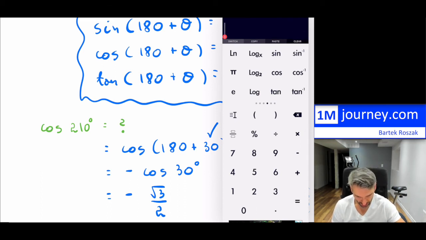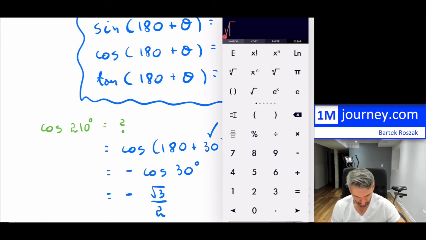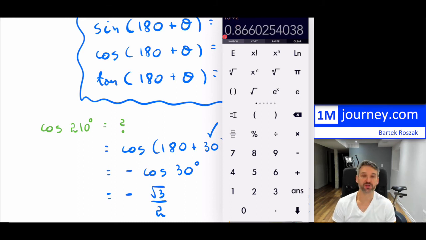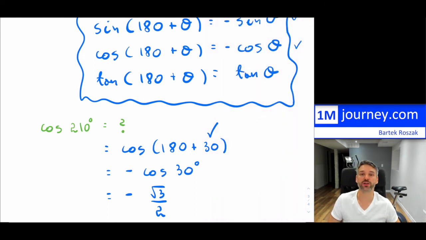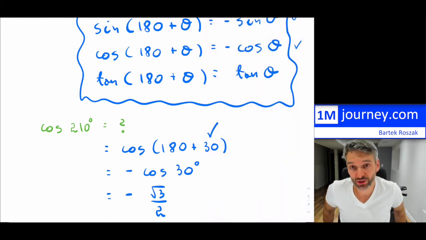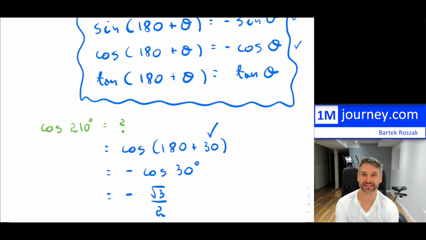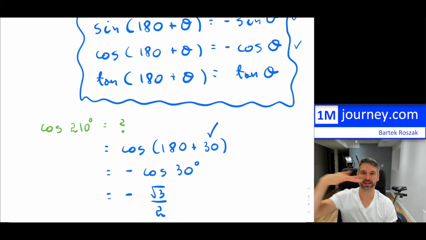Now, if I'm going to clear this, if I take square root of 3, and then it's supposed to be divided by 2, well, this is your 0.8666, and it's still negative, right? So you can use your calculators for these, but you should also know that that's how they were actually defined. They were defined by the complementary right angle triangles with respect to the x-axis that is carried out.